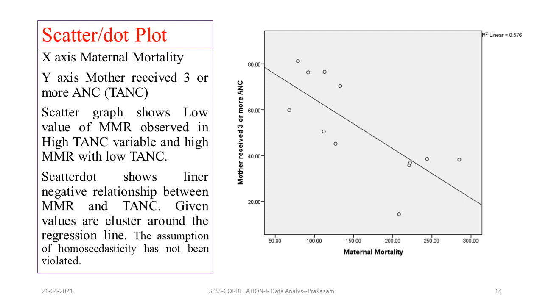The scattered dots show a linear negative relationship between MMR and TANC. The given values are clustered around the line, that is the regression line. The assumption of homoscedasticity has not been violated.